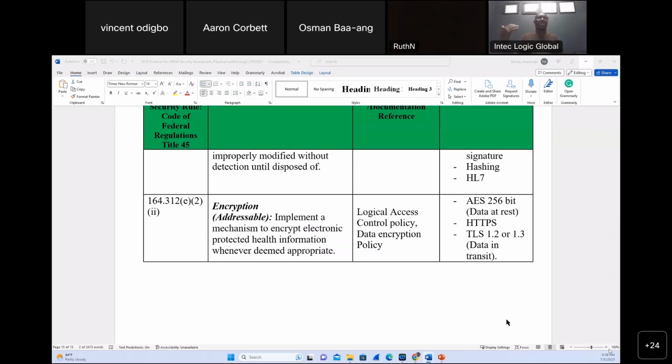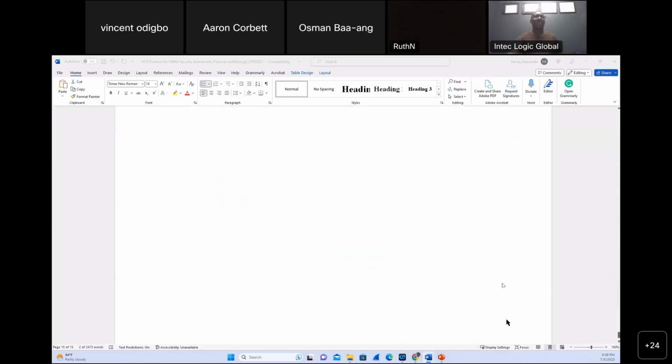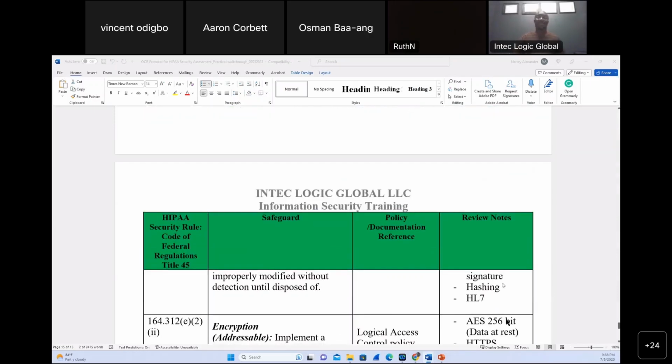But for now, whenever you hear something about transmission security, you want to check, is it TLS 1.2 or TLS 1.3? Data at rest, AES 256-bit. That tells you that the data is encrypted with a secure key, right? So that is it for the HIPAA security assessment.